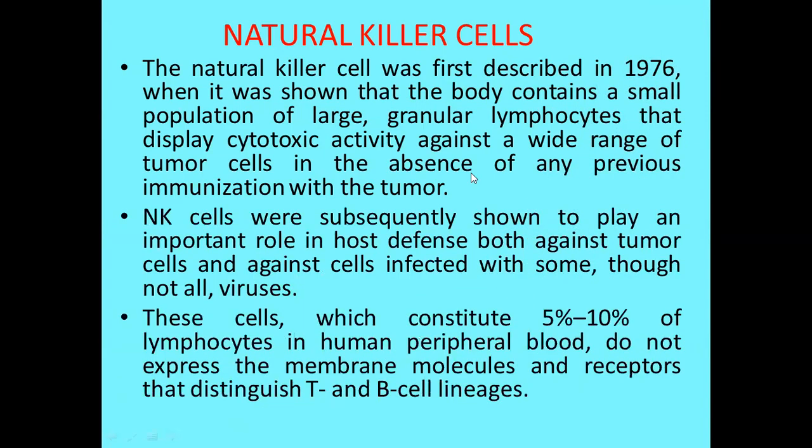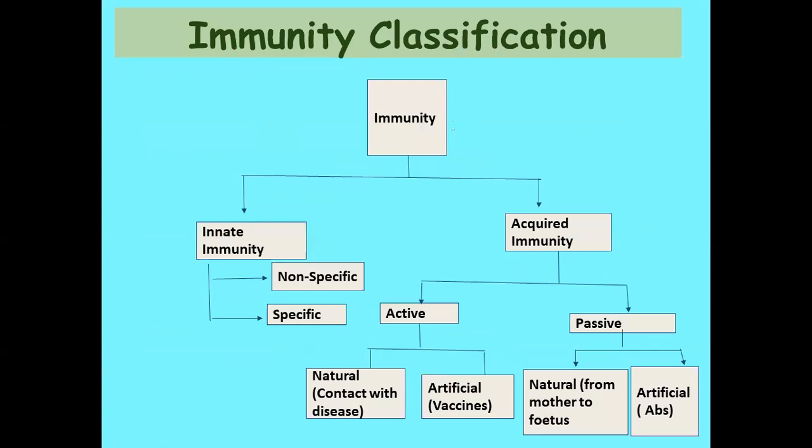These cells constitute around 5 to 10% of the lymphocytes in human peripheral blood and do not express the membrane molecule and receptor; that is the difference between T cells, B cells and natural killer cells. Both T cells and B cells have surface molecules to distinguish the antigen, but the natural killer cell doesn't contain those receptors.